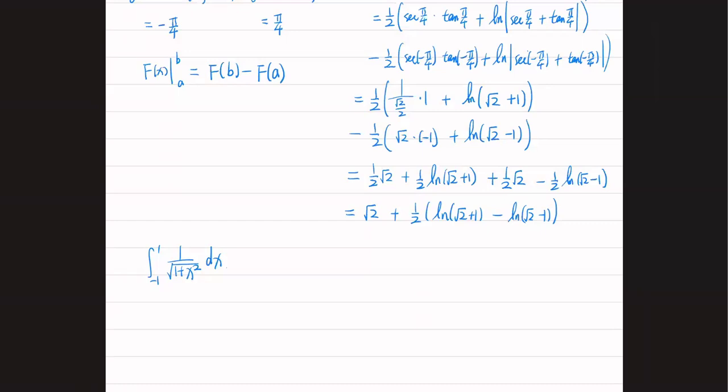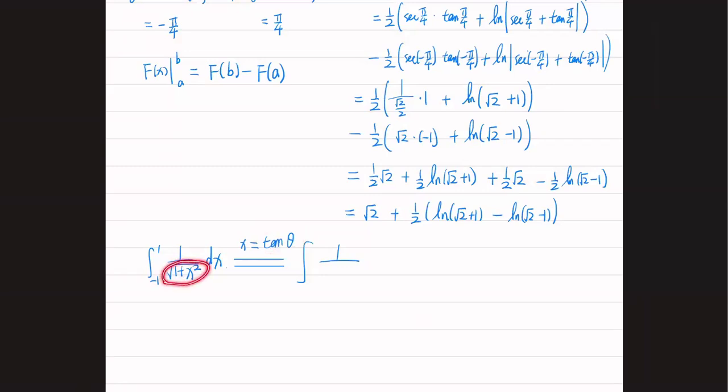Okay, Sophia, where do we start? We substitute x for tan theta. Okay, what's the new denominator in terms of theta?